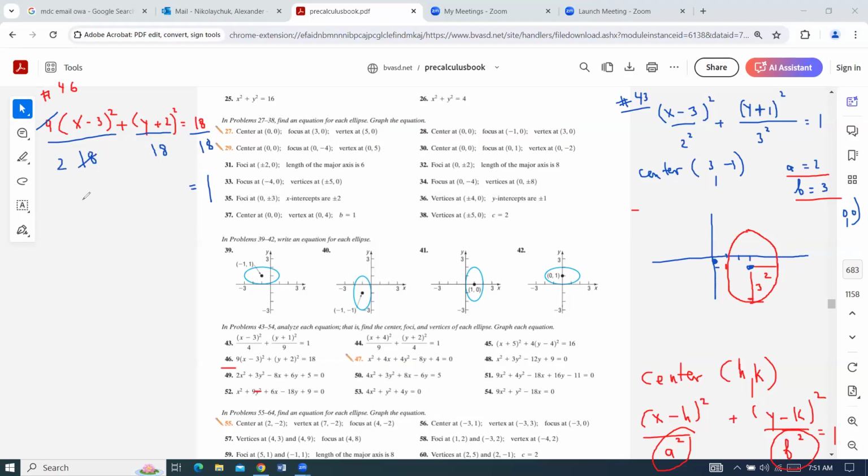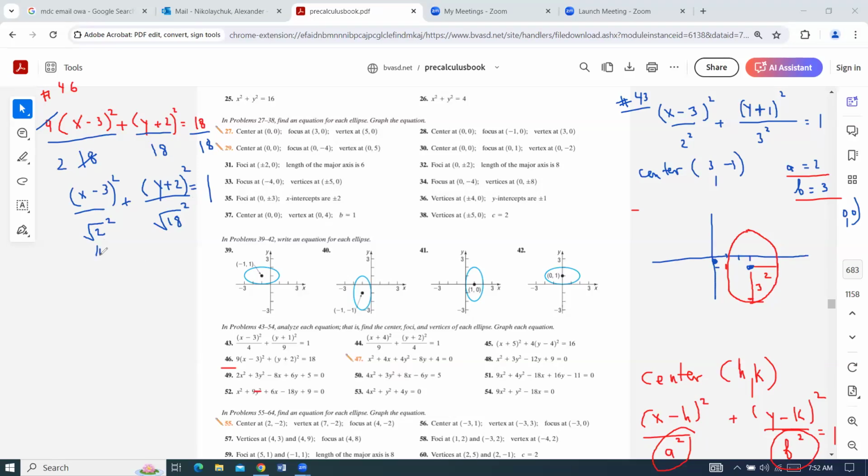So looks like x minus 3 in the parentheses squared will be divided by 2. And I can write it as a square root 2 and squared. This trick of squaring and extracting square root is actually standard in this section. Plus y plus 2 squared. And we rewrite 18 again as a square root 18 and then also squared.